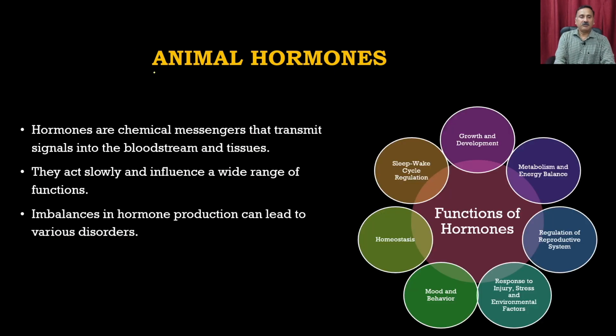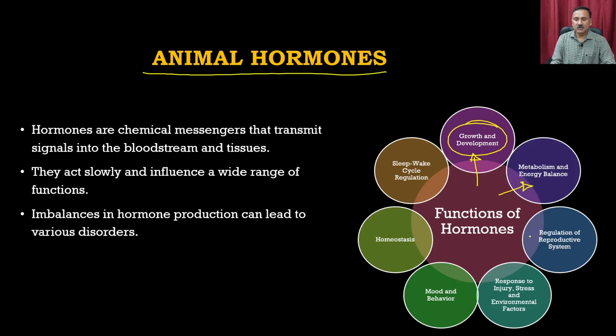Now first let's talk about animal hormones. Animal hormones are widely distributed throughout the body, and they perform different types of functions. Animal hormones regulate growth and development. They regulate metabolism and energy.